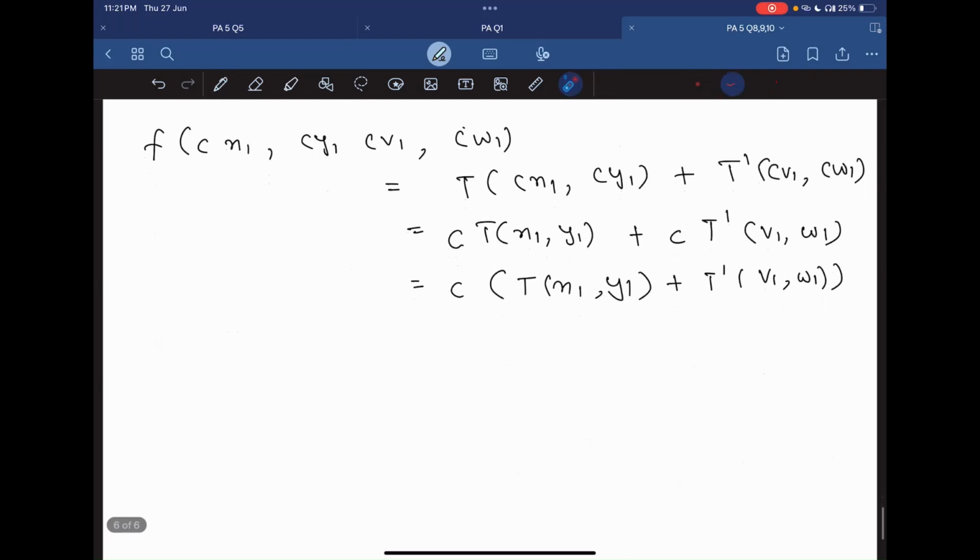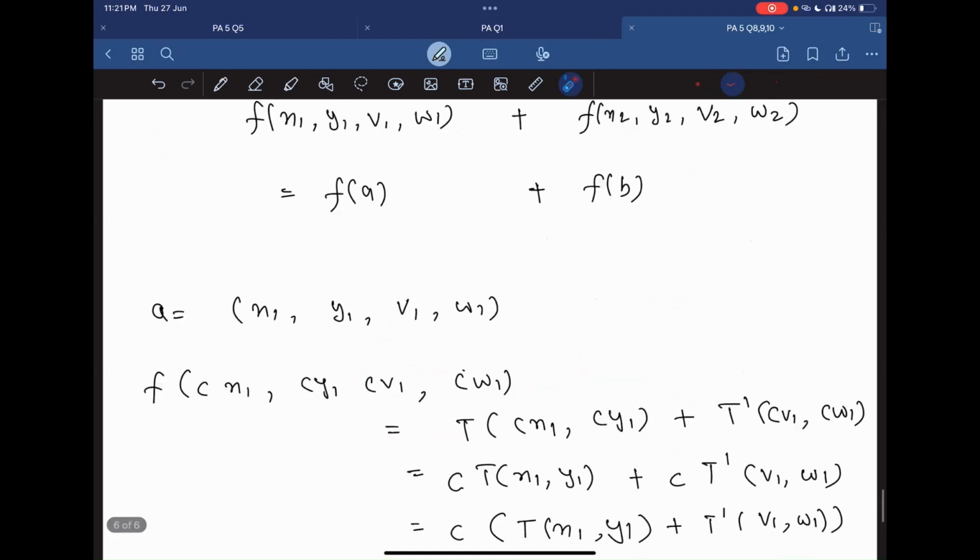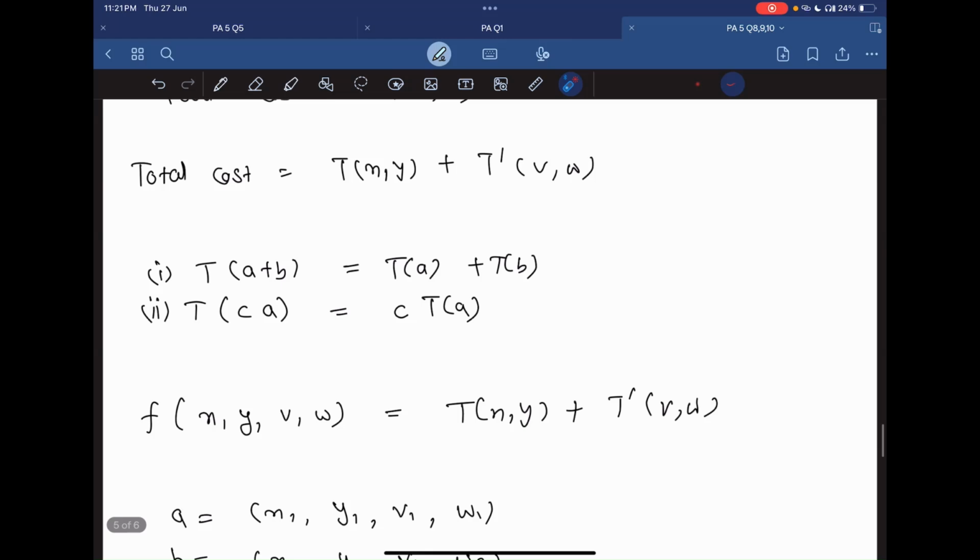So here inside this quantity is our f, so c times f of x1 comma y1 comma v1 comma w1. So this is equal to the RHS for our property 2.